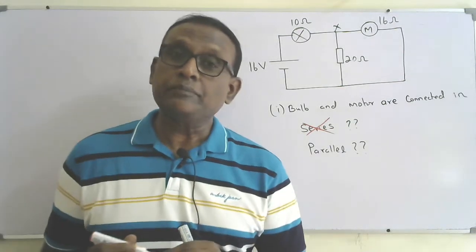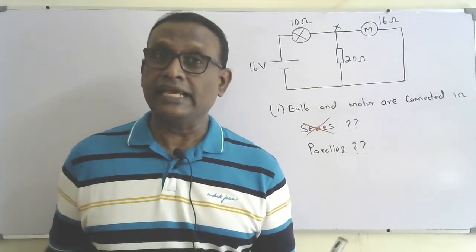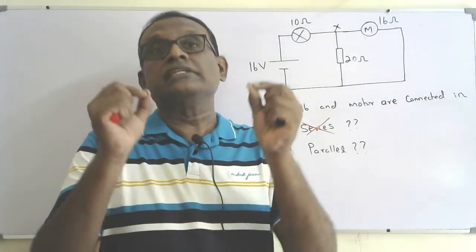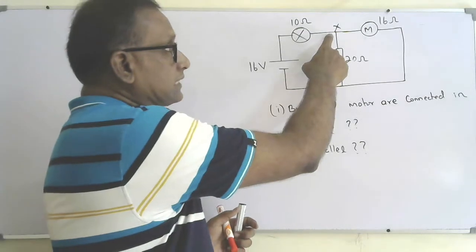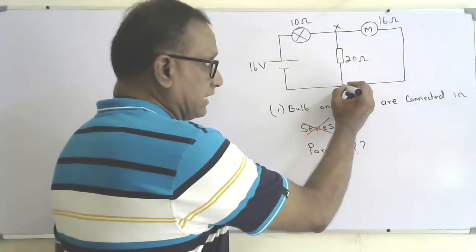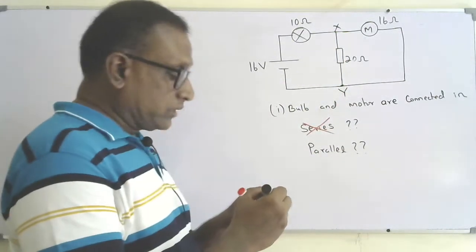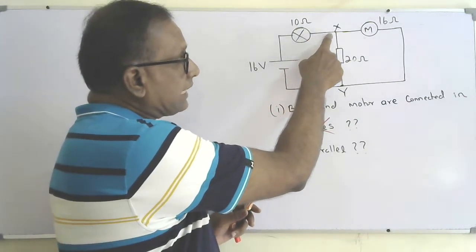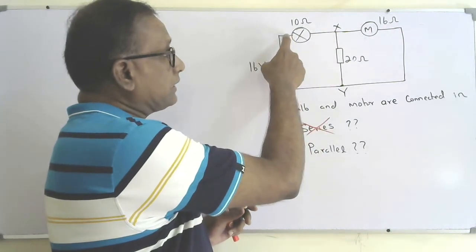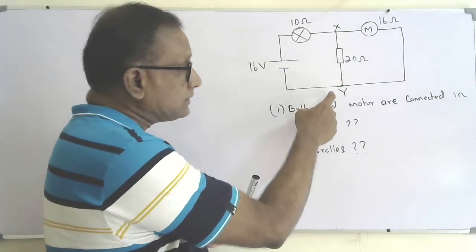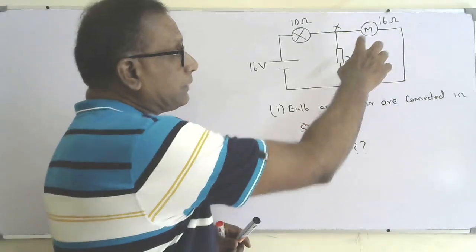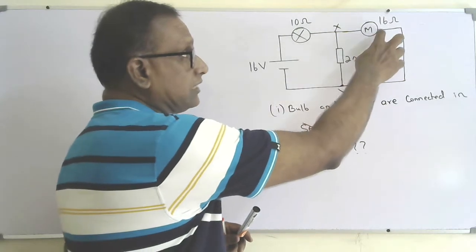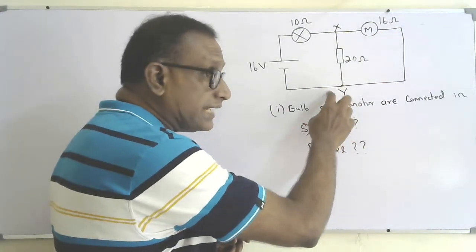So are they connected in parallel? What's the condition to say they are in parallel? They should be directly connected across the junctions. You can see this is a junction X and there is another junction Y. When you consider the bulb, one terminal is directly connected to the junction, but the other terminal is connected to the power supply, not to the junction Y. The motor has one terminal connected to junction X, and the other is also connected to the next junction.